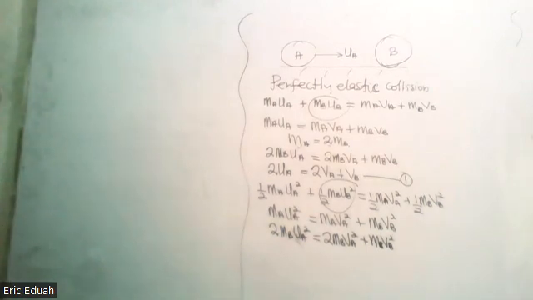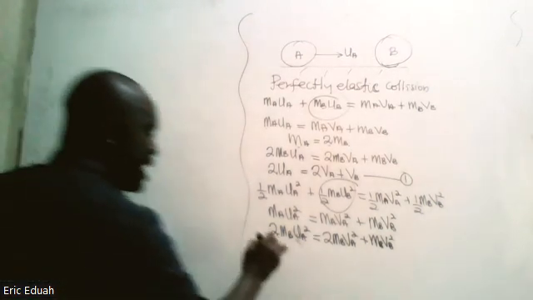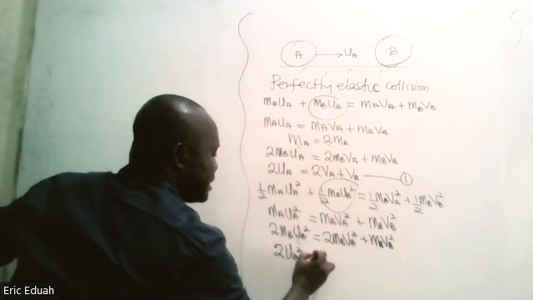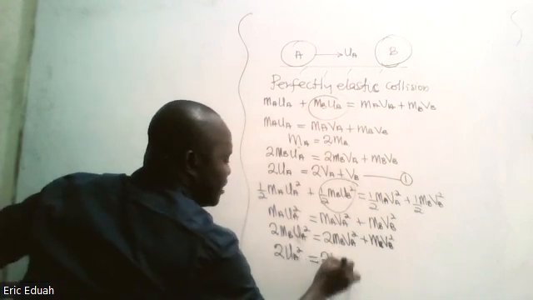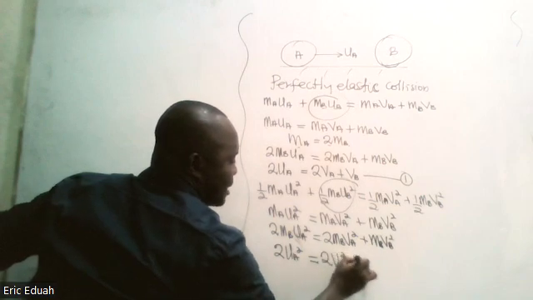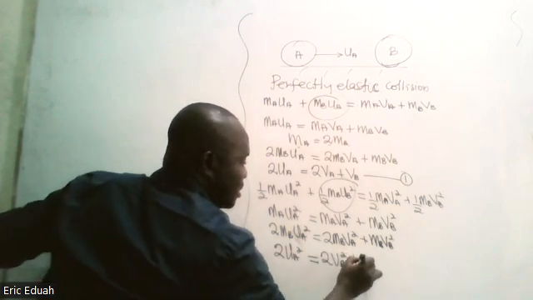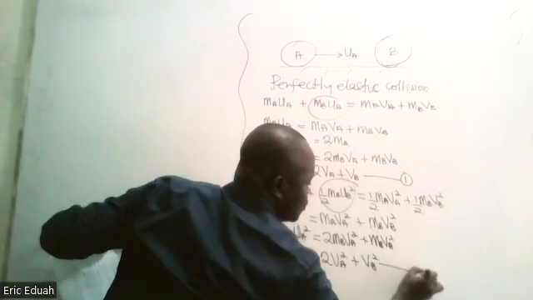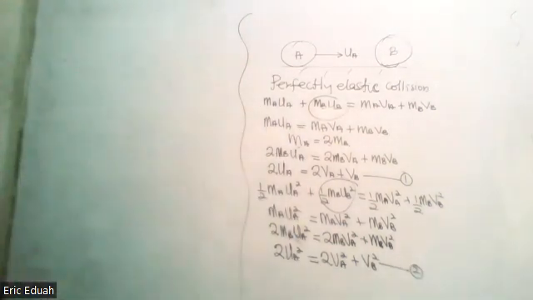I can also eliminate MB. So I have 2 UA squared is equal to 2 VA squared plus VB squared, equation 2.